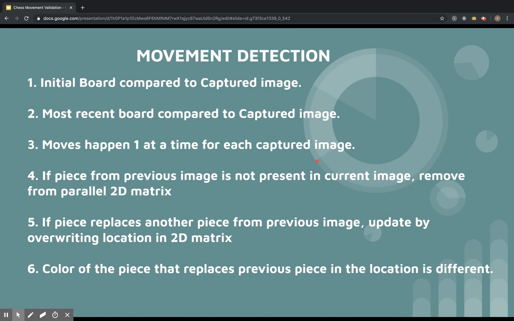And every time that is detected, and every time such changes are detected after every move, they're written into the parallel 2D matrix that was described in the previous sections. The most important thing to note here in this particular stage is that there can only be one move, and that's what we're counting on, and that's how we're detecting the change.